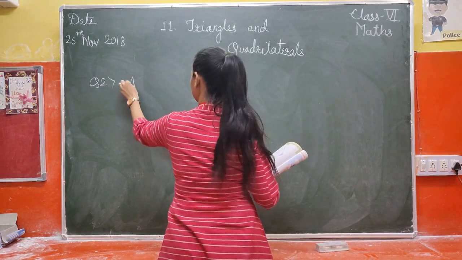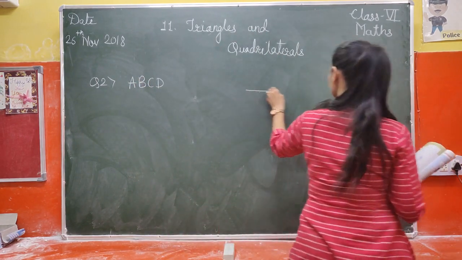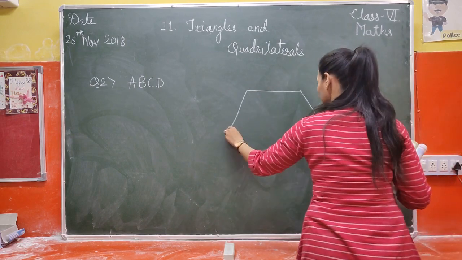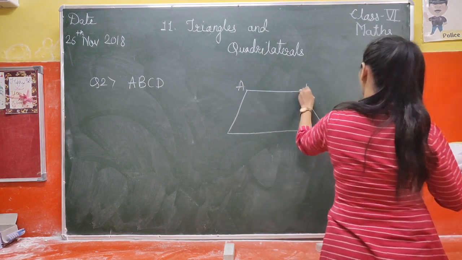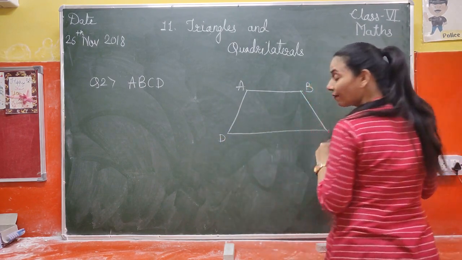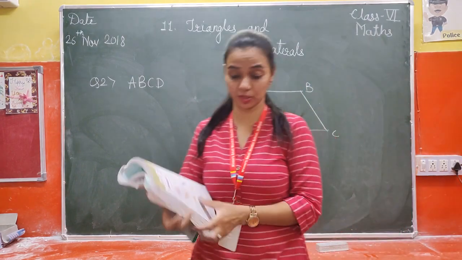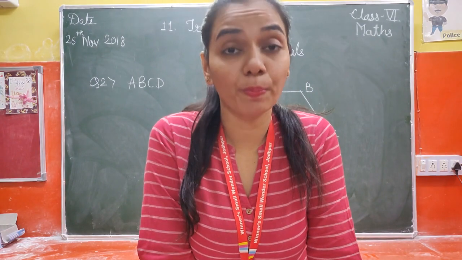ABCD is a quadrilateral. Let me draw the figure. So A, B, C and D. Now they have asked certain questions, so we will do it. Name the pair of parallel lines or parallel sides.